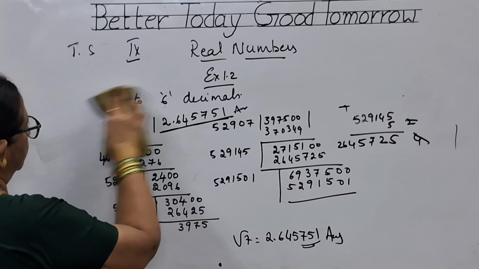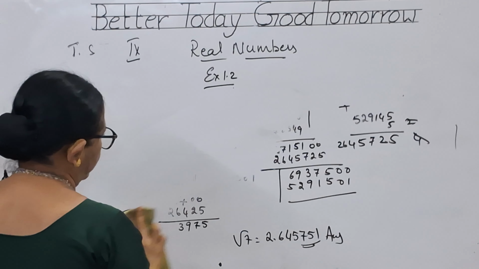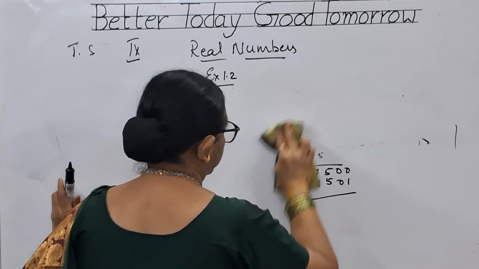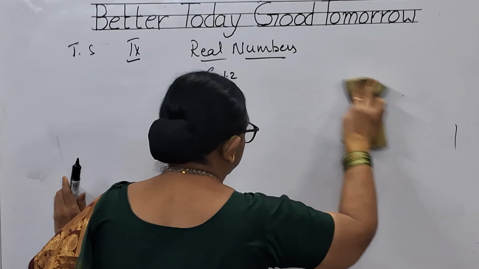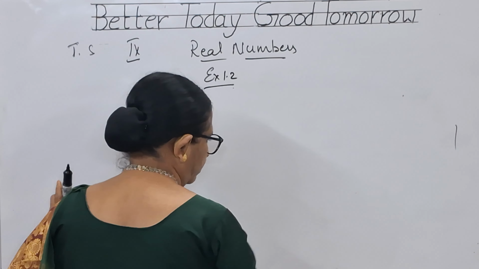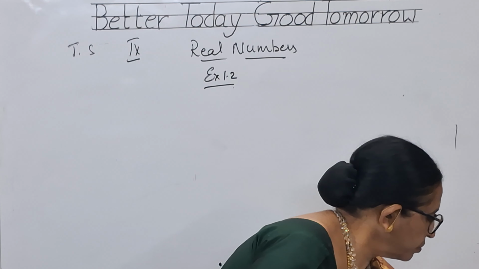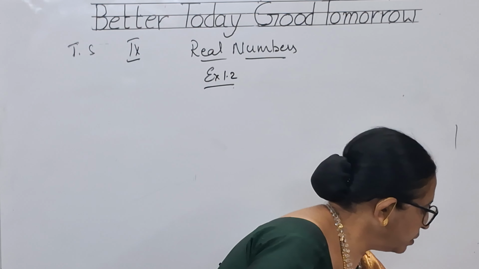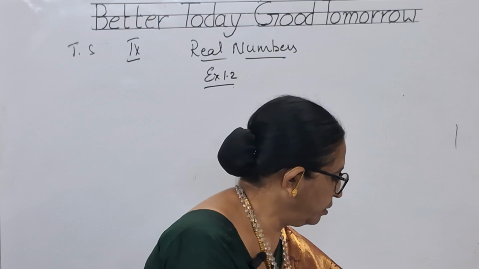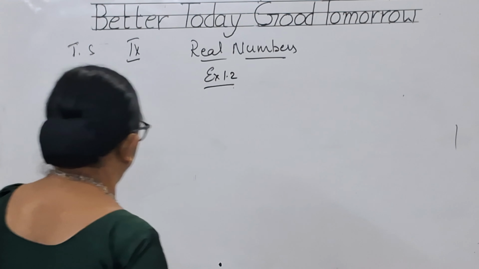Now we will go to the next sum. The next problem is: locate root 10 on the number line.